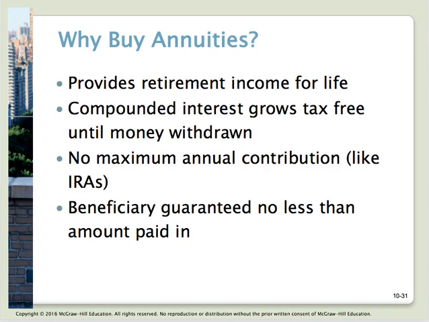The compounded interest on your annuity grows tax-free until you actually withdraw the money. There's no maximum annual contribution like you have with an IRA account. And at the very minimum, your beneficiary is guaranteed to get at least what you have paid, not in premiums, but in payments.